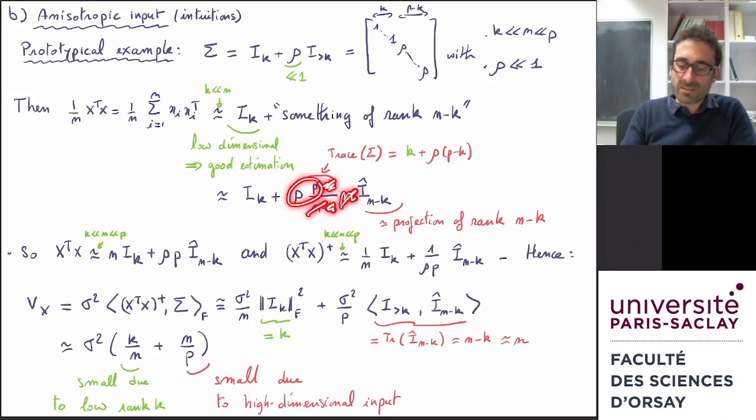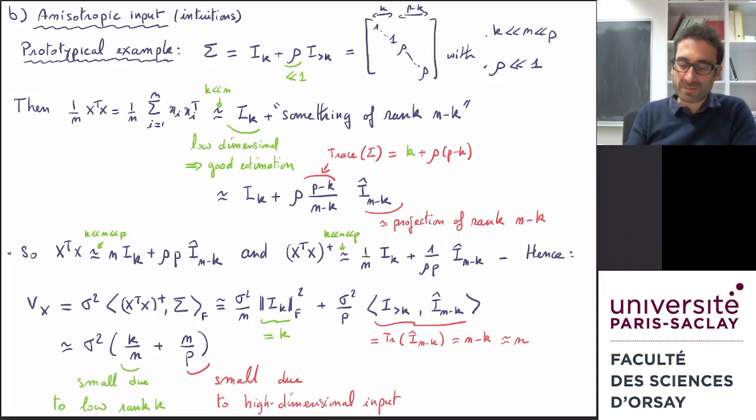So what will remain is only rho times p. So what I will have is n times the identity, plus rho times p, times this random projection. Okay? So this is an approximation for X transpose X. And now if I want the Moore-Penrose pseudo-inverse, I just keep in mind the fact that this belongs to this space here, and this is a projection which is in this space, right?